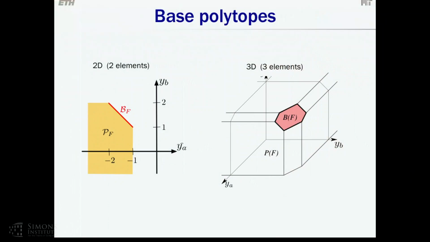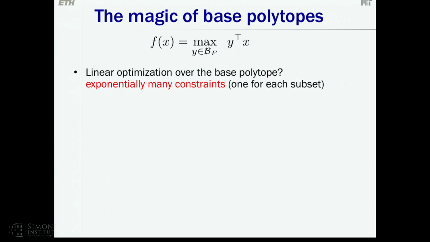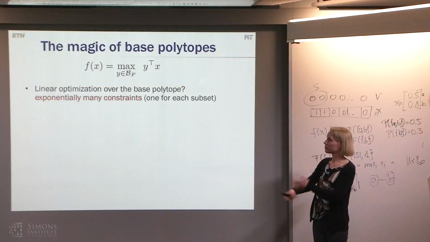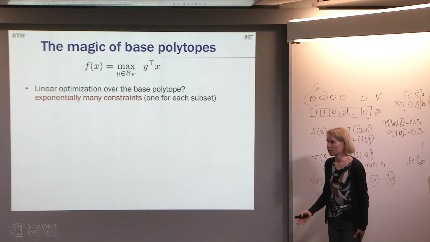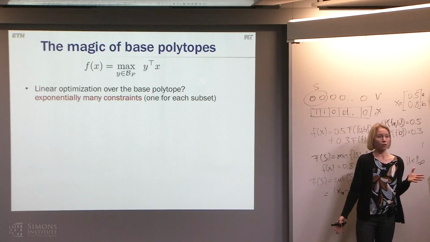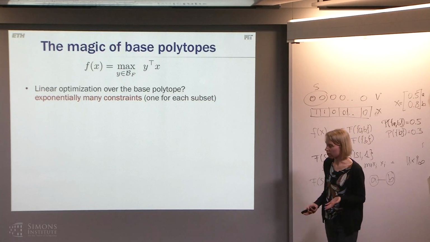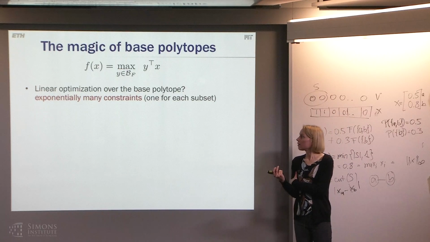So why is this thing interesting, or what's good about it? Essentially, what I have is this polytope that I defined for you. It's defined by exponentially many constraints, and now I have my function, which is actually a linear optimization over these lots and lots of constraints. So that's per se not super good, because it's too large a program to even write down tractably.